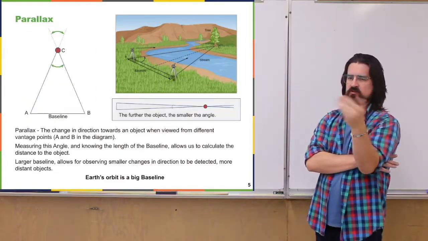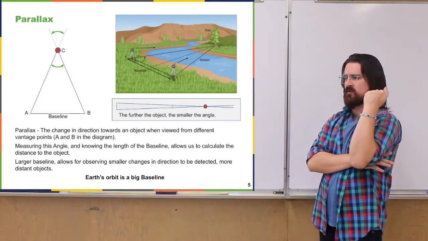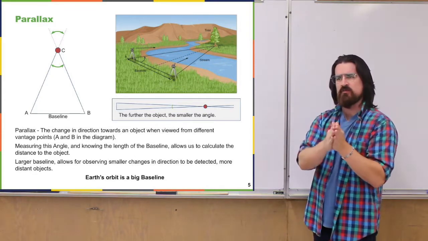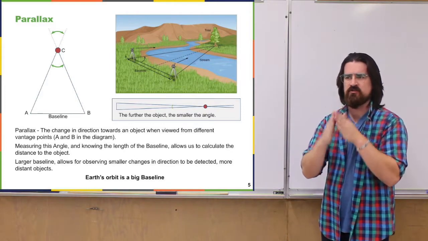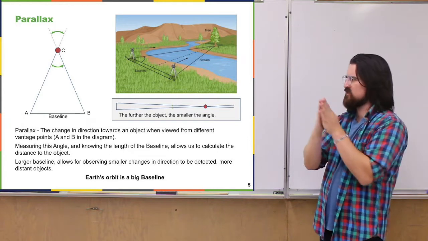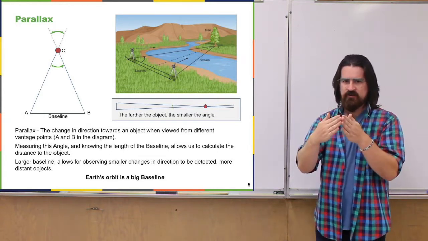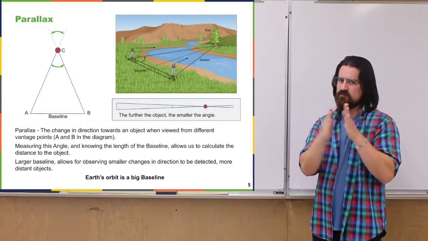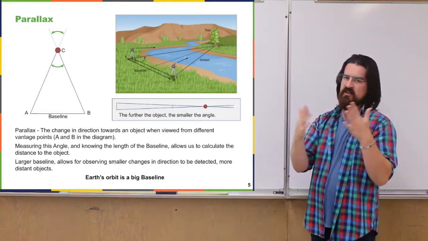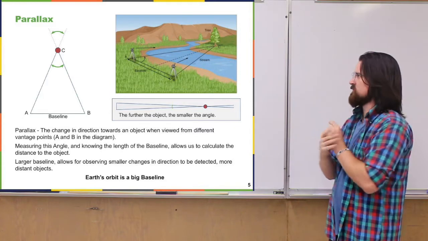Another way to describe this technique is sometimes called parallax. Though parallax, the term is used in a number of different areas. You could talk about the technique of viewing things from different angles as parallax. Also, the angle that is the difference when you view from those different vantage points, that's the parallax angle, or that is parallax too. So it's a little bit confusing.